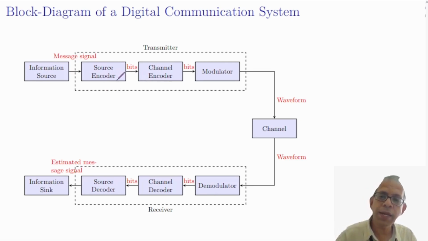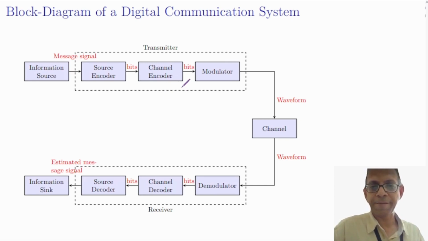Now, once all the redundancy has been removed from the signal, the channel encoder introduces some amount of redundancy back, but in a controlled fashion, in order to increase the reliability.